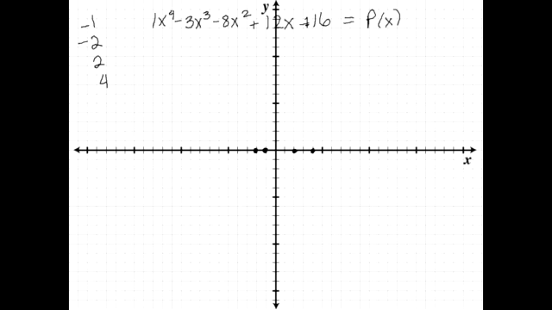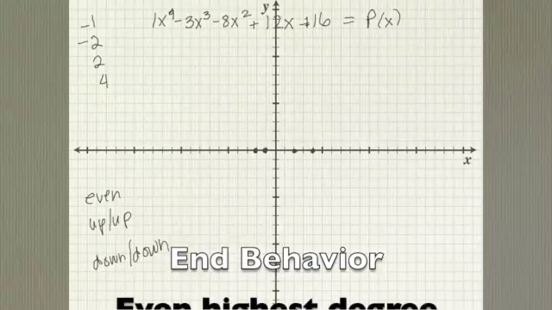I would also like to point out to you that this is an even-powered polynomial, which means that the end behavior is both going to go up, up, or down, down. They both go in the same direction.